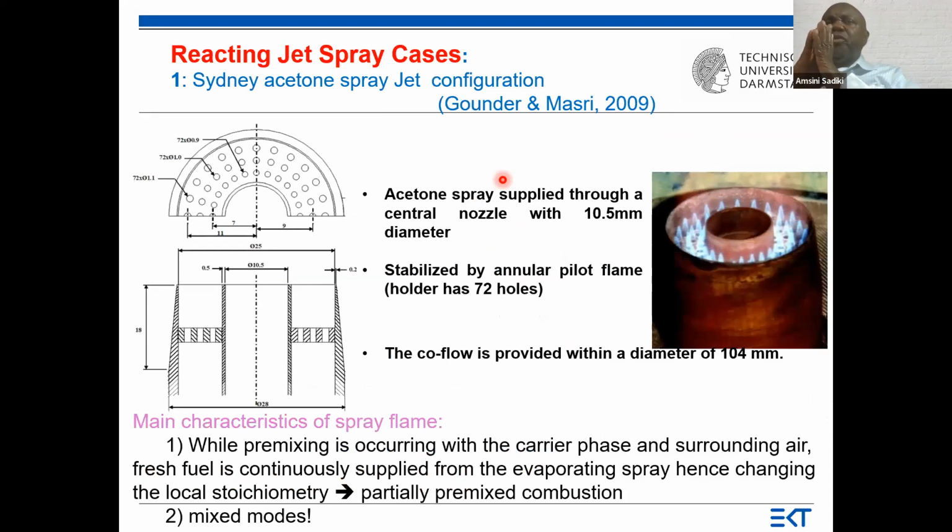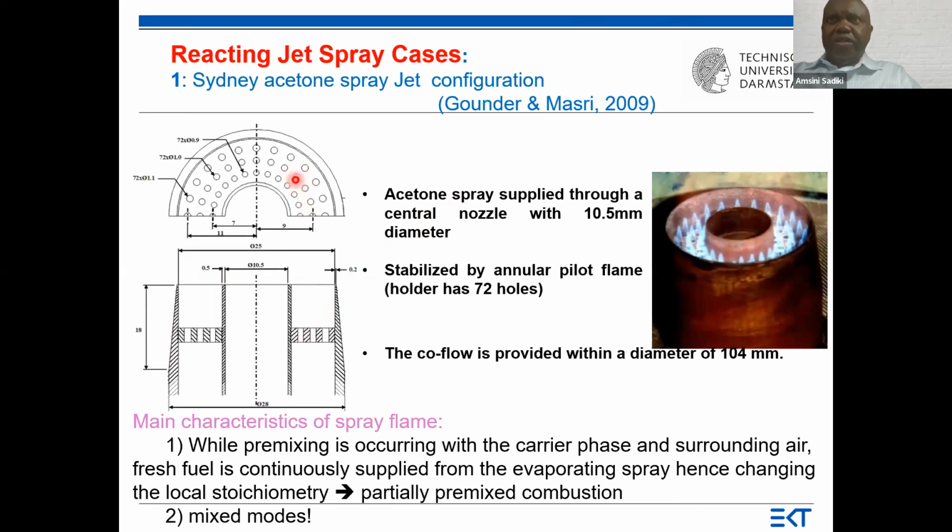Using this presumed PDF assumption, we have tried to carry out some reacting jet spray cases, and we have used the so-called Sydney burner. It is this burner here. It is stabilized by annular pilot flames.